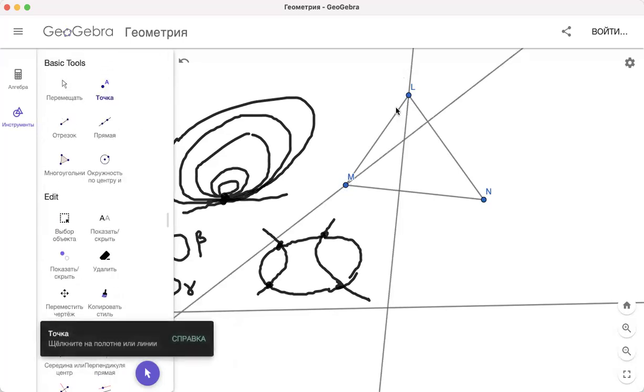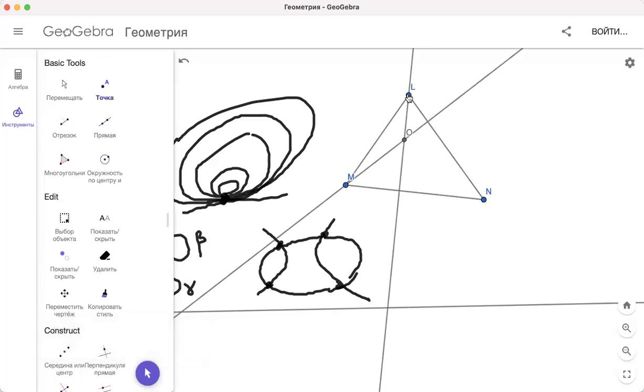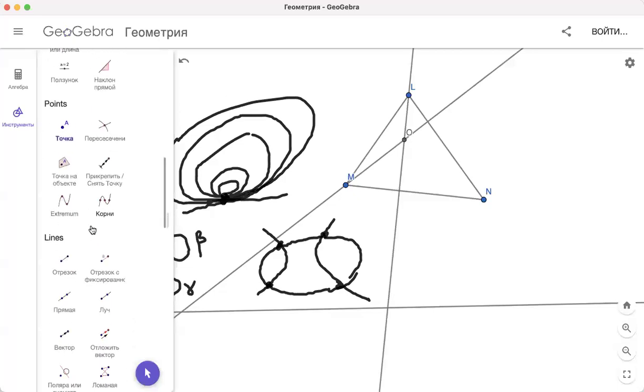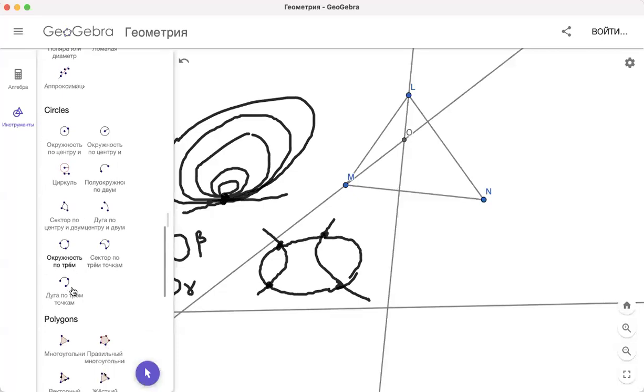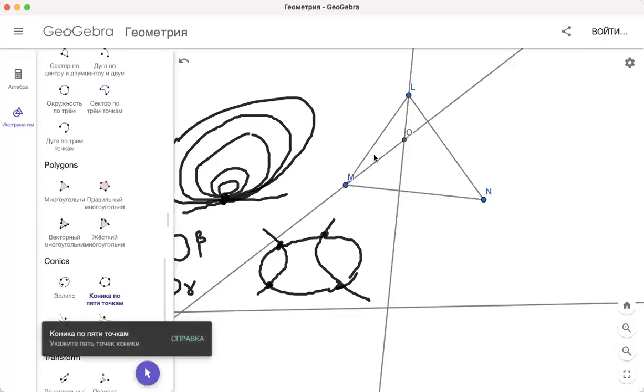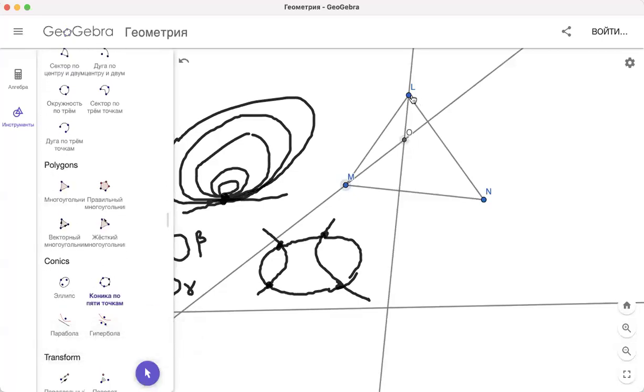So I consider a triangle and the intersection point of altitudes, and consider an arbitrary conic passing through these 4 points. And it is interesting that all these conics are similar hyperbolas.